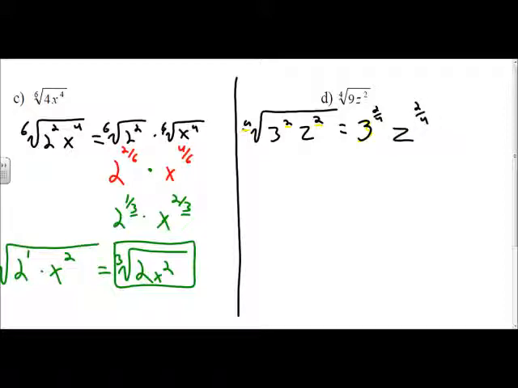And from here we recognize that 2/4 is the same as 1/2 in each case. And since they both have the 2, we'd say that we can put it back into an index of 2, which is the same as just saying the square root of 3 to the 1 and z to the 1. Or we can just say the square root of 3z.